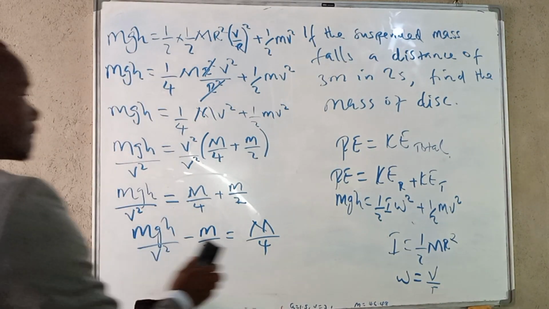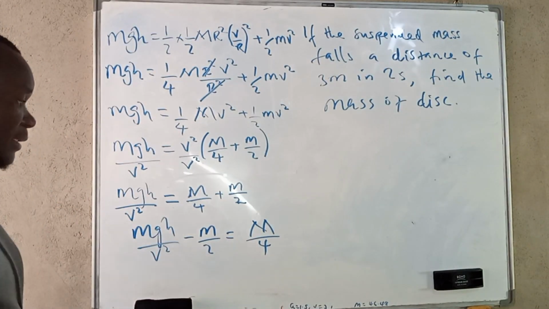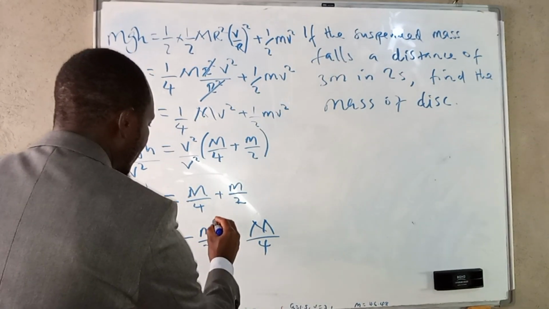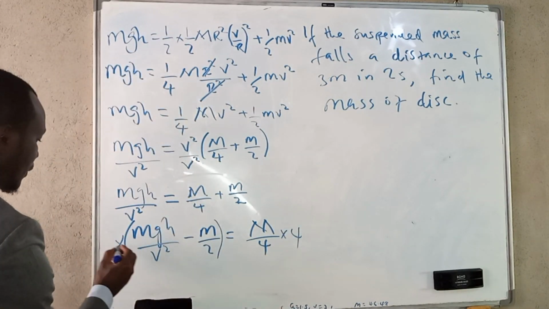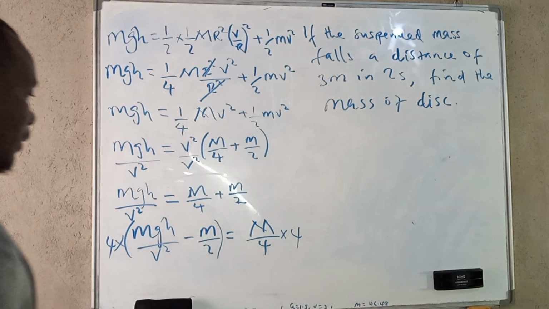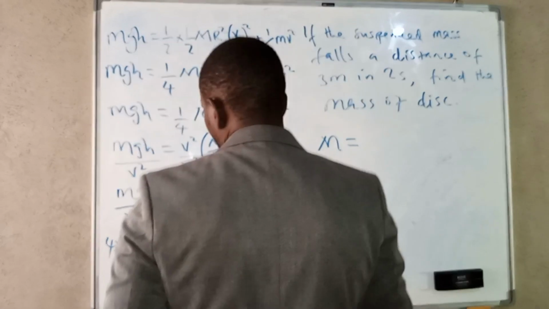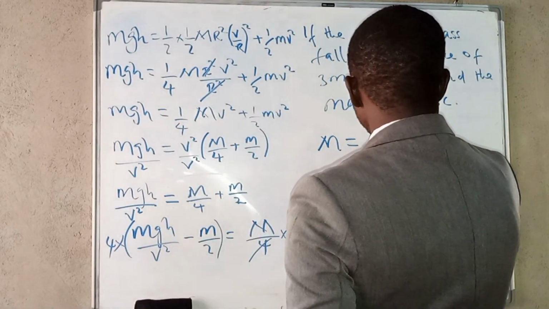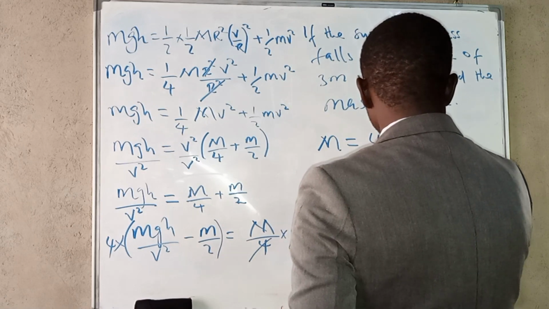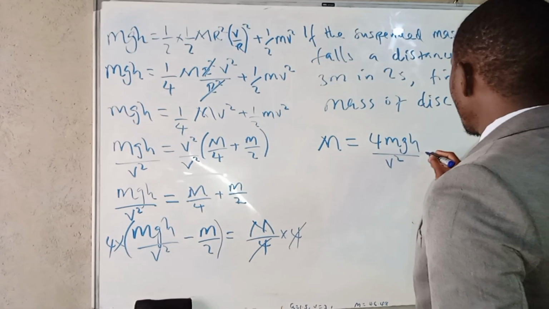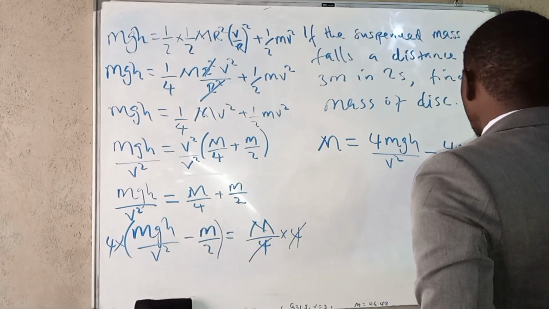From this point, we want to make M the subject, so we can multiply through by 4. The 4 and 4 will go, so we are going to have M is equal to 4 mgh over v squared minus 4m over 2.